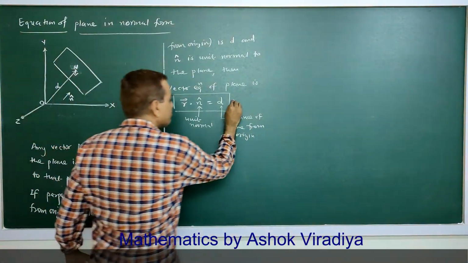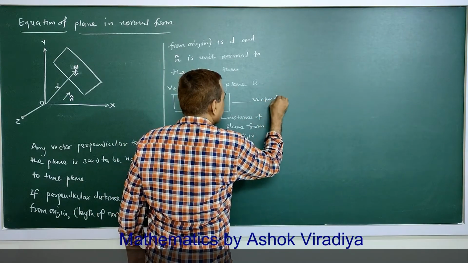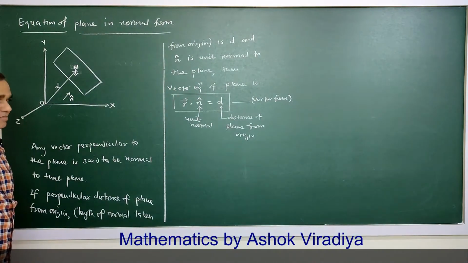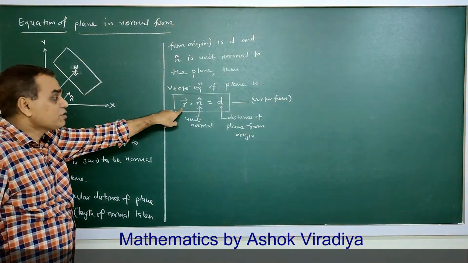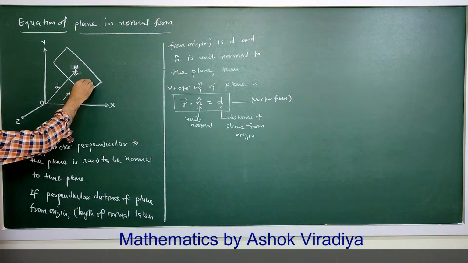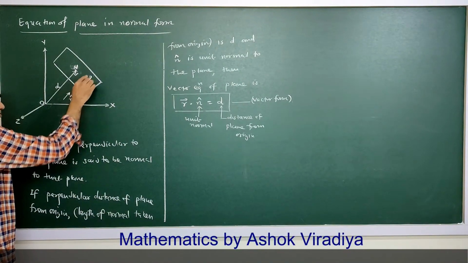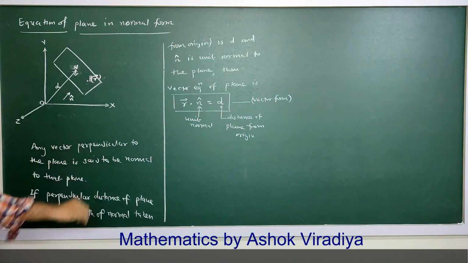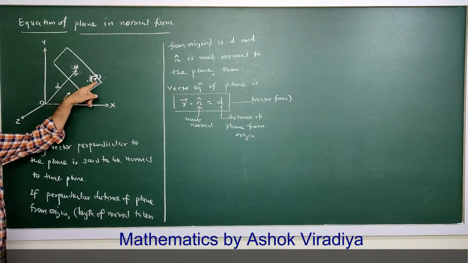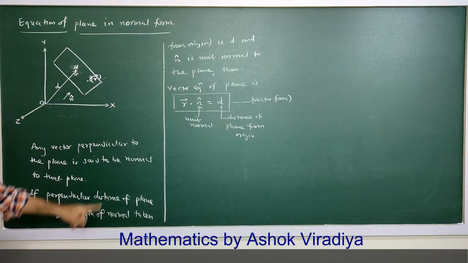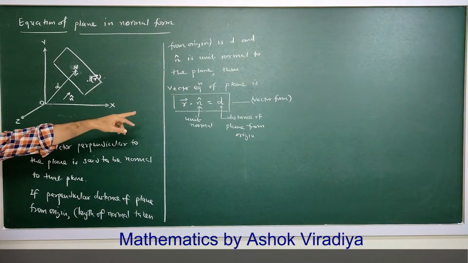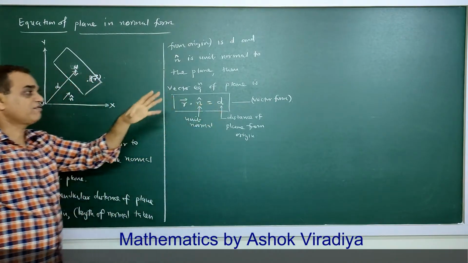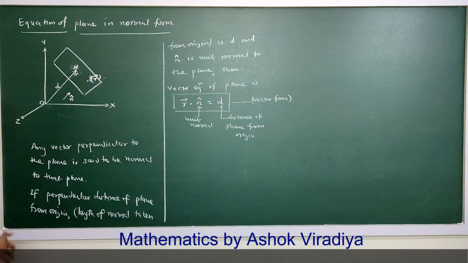So it is the vector form of equation of plane. Now what is vector r? Vector r is the position vector of any variable point. If P is any point on this plane, its position vector is vector r. So vector r dot n cap equal to d. It is vector form. n cap is unit normal.